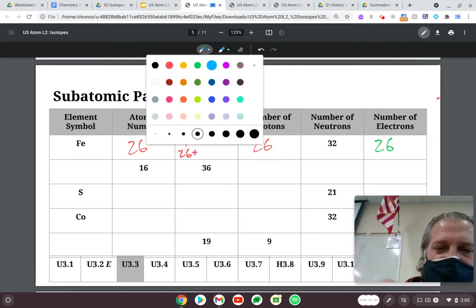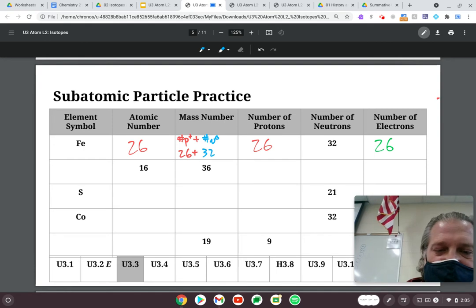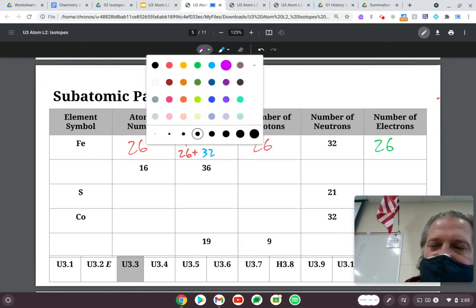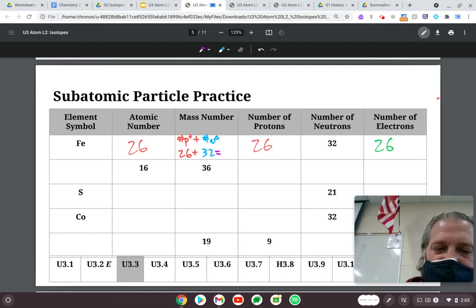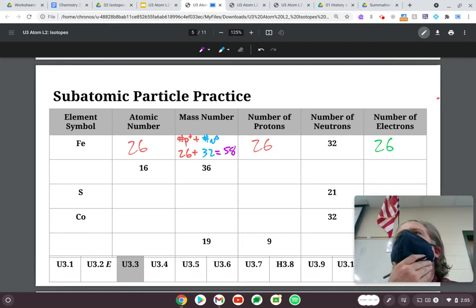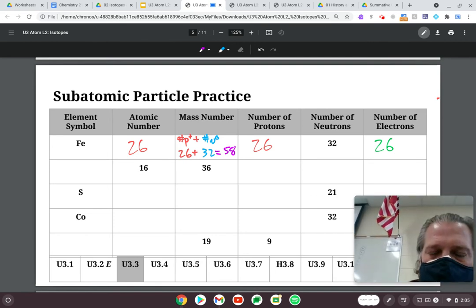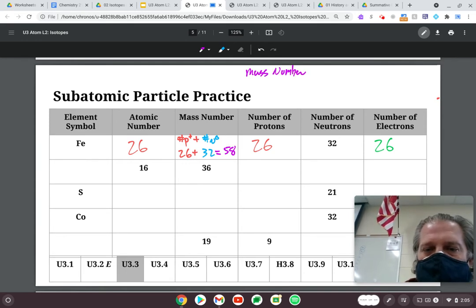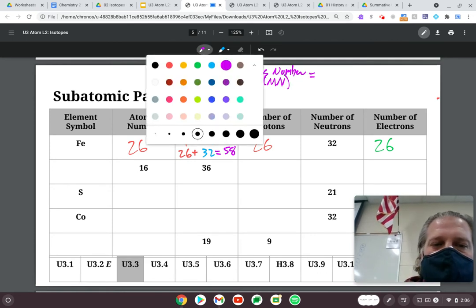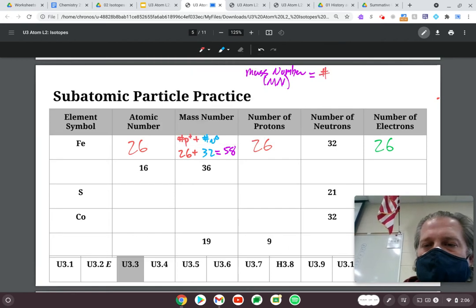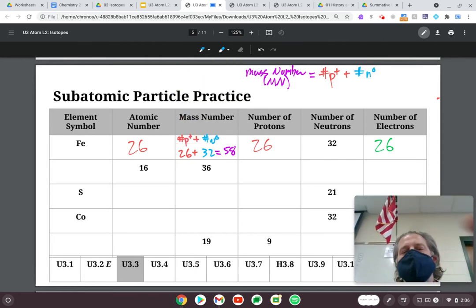We know the number of neutrons to be 32 because it was given to us. So that's going to give us our mass number of 58. Okay? Because as you may recall, mass number, which I'm going to call Mn, is equal to the number of protons plus the number of neutrons, as you might recall.